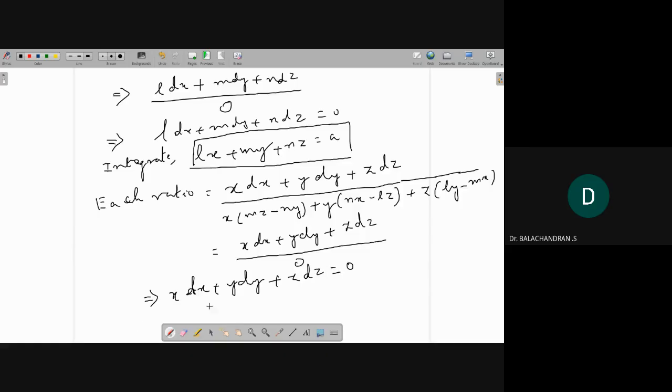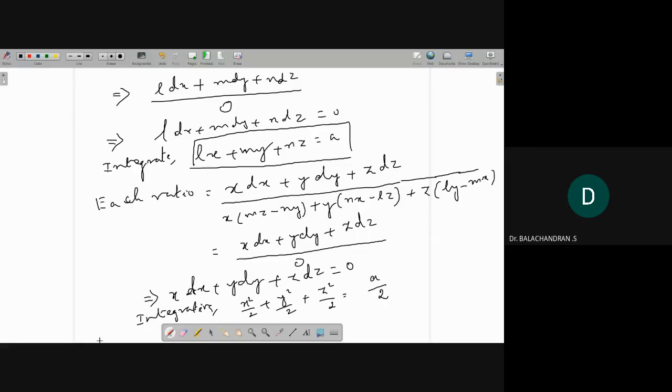And if you integrate, we'll get x square by 2 plus y square by 2 plus z square by 2 equal to some constant.